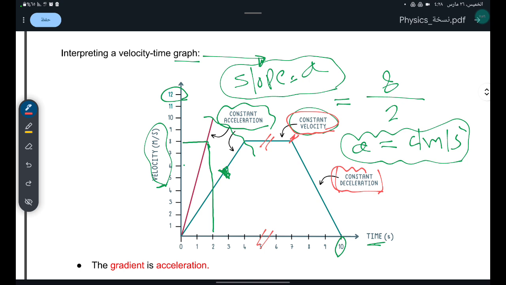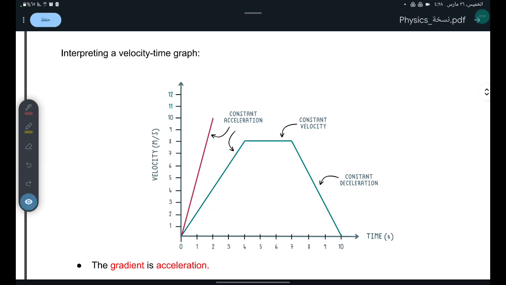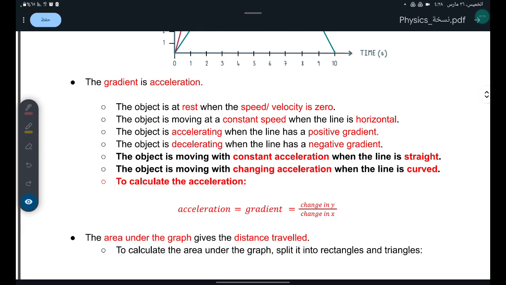To find it from this graph, you divide any number on the vertical axis over the number on the horizontal axis, and don't forget the unit of acceleration, meters per second squared. Acceleration equals the gradient, which equals change in y over change in x.